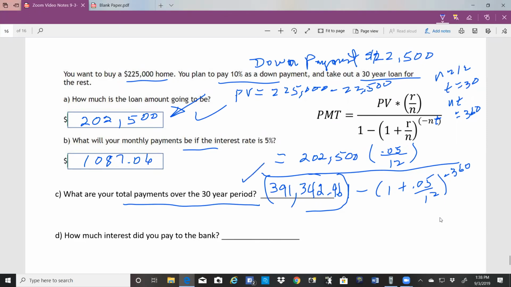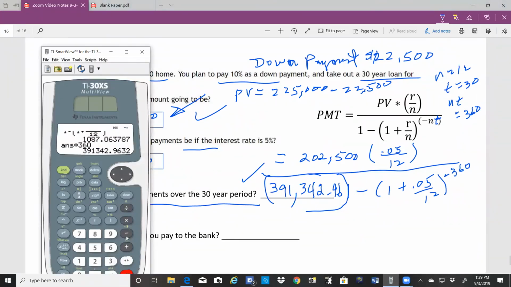So you made almost $400,000 in payments for a $202,000 loan. How much interest did you pay? You'll subtract the $202,500 from that.